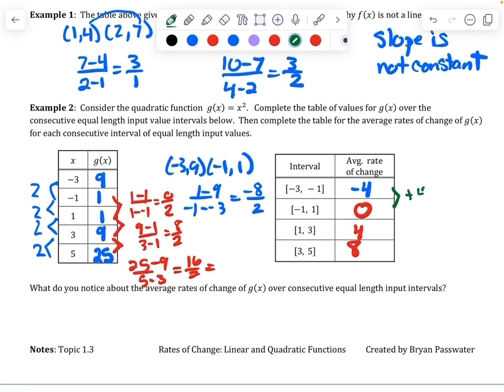So we can see that they are not the same, but if you remember from last time, what is our change here? It's going up by 4, up by 4, up by 4. So what do you notice about the average rate of change over consecutive equal length inputs?